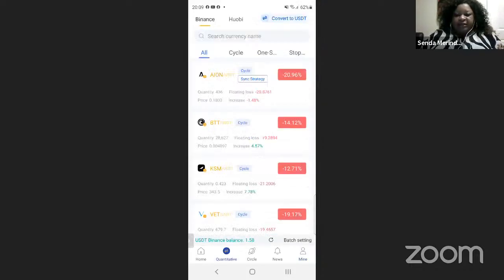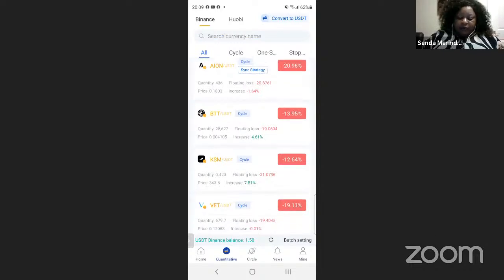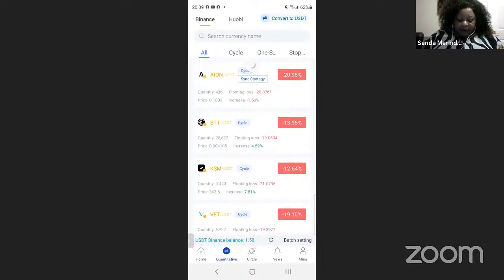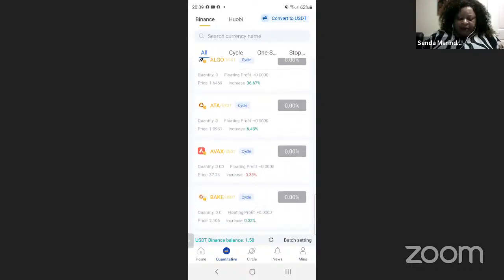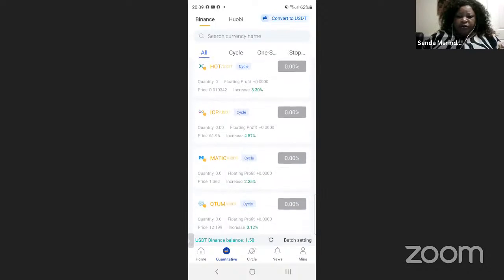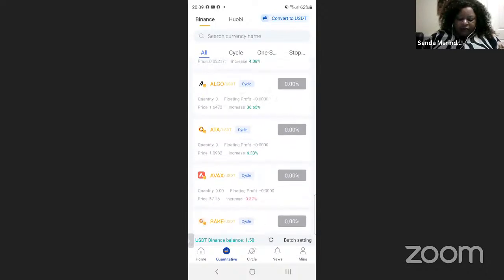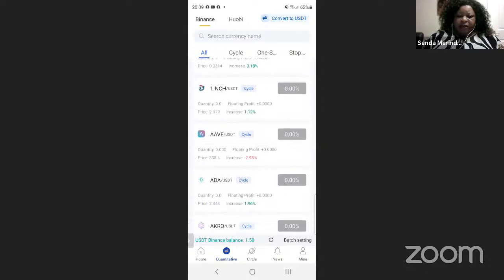So you come to quantitative. If you look at my bottom screen, you have homepage, then quantitative. Quantitative is where you actually do your trading. This is where you can see your trades running as well. But this is where you see all the coins that have come here as a result of the professional mode that you've enabled. So you can see that we have a lot of coins.